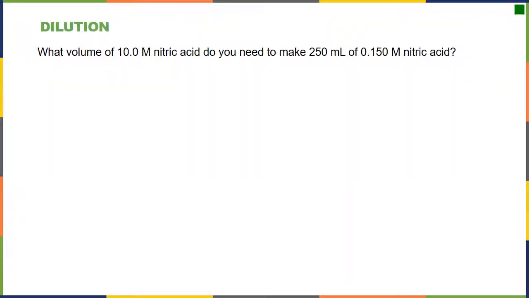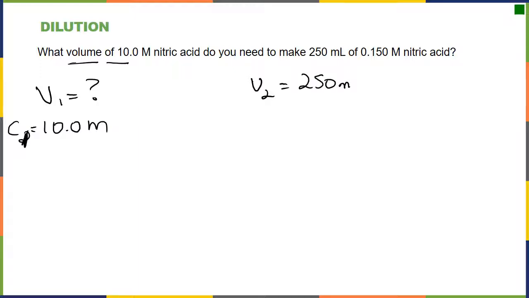All right, now what volume is what we're solving for, of 10 molar, which is going to be our concentration C1, V1 and C1, do I need to make a volume V2 of 250 mils, again, that's going to be C2, 0.150 molar of nitric acid.